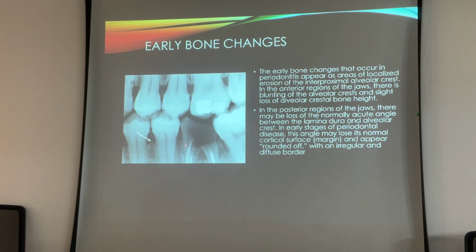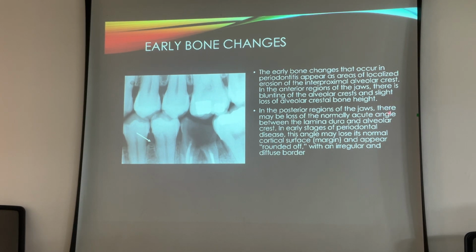We can consider it as early bone changes or mild periodontitis. In the posterior region of the jaws, there might be loss of the normally acute angle between the lamina dura and the alveolar crest. In the early stage of periodontal disease, this angle may lose its normal cortical surface or margin and appear rounded off with an irregular and diffuse border.